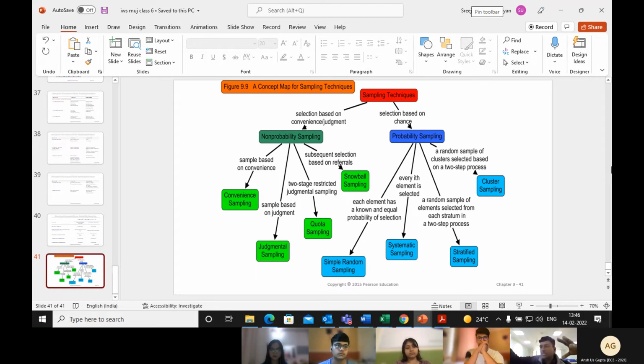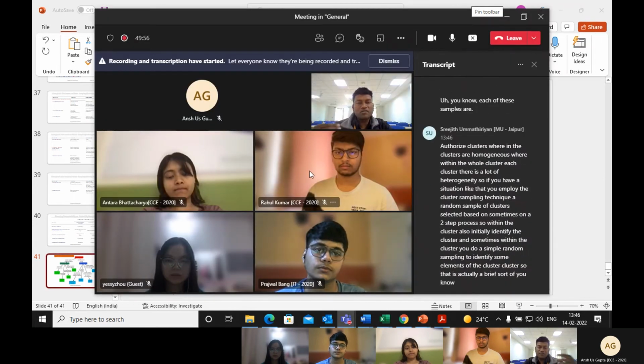If you have a situation like that, you employ the cluster sampling technique. A random sample of clusters is selected, sometimes in a two-step process: initially you identify the cluster, and sometimes within the cluster you do simple random sampling to identify some elements of that particular cluster. So that is a brief summary of all the different sampling techniques we studied.